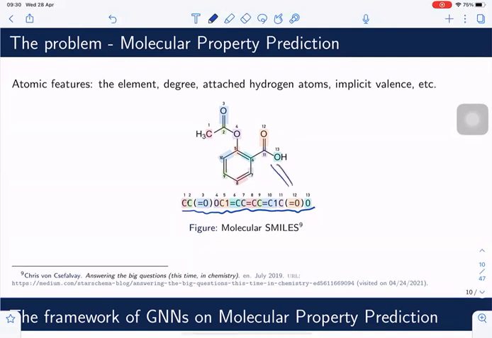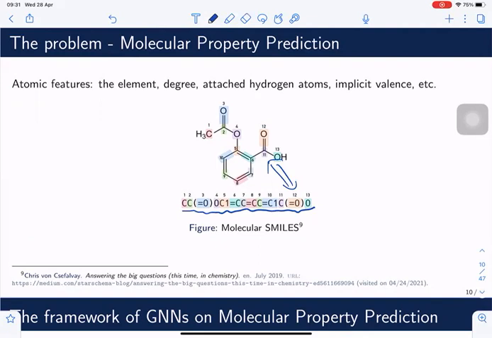So they are equivalent. You can use some Python library or other tools to generate SMILES for any molecule. You can also use those tools to convert SMILES back to graphs, because we need to input the graph to the graph neural networks.